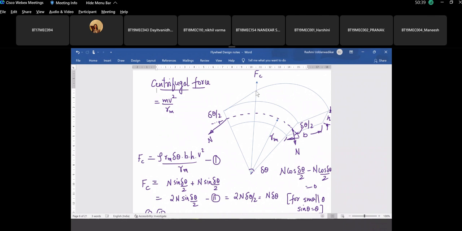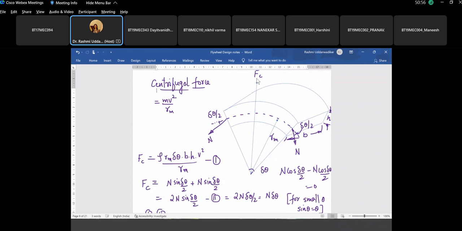Yes, it is this stress. This is the direction of centrifugal stress. It is always perpendicular to the cross section. So this is the stress which is induced because of the centrifugal force.